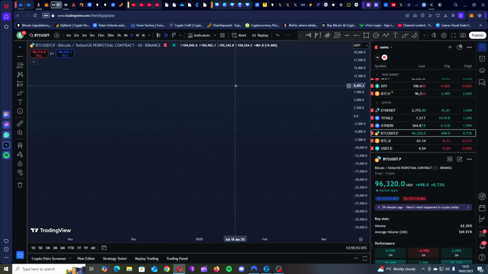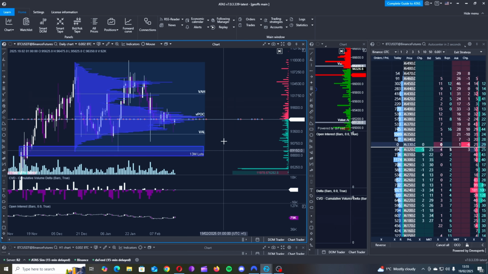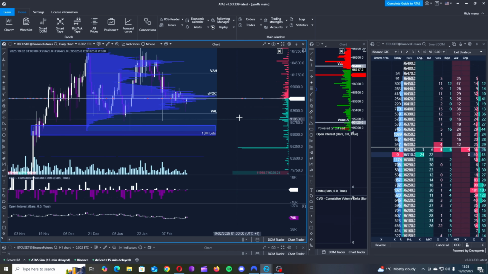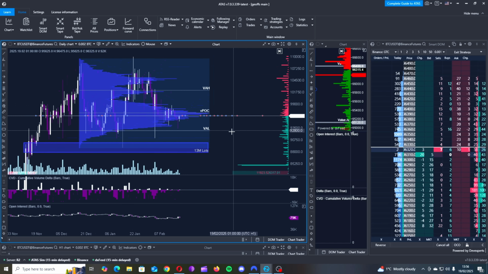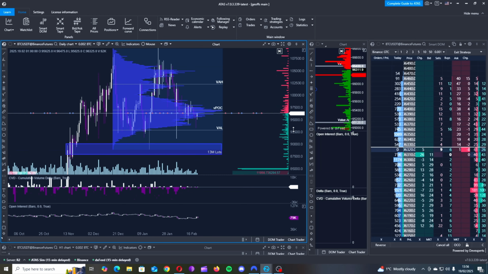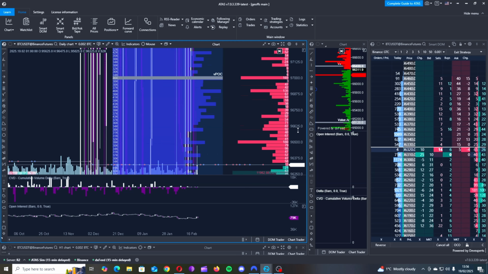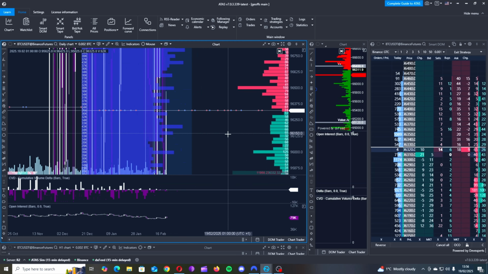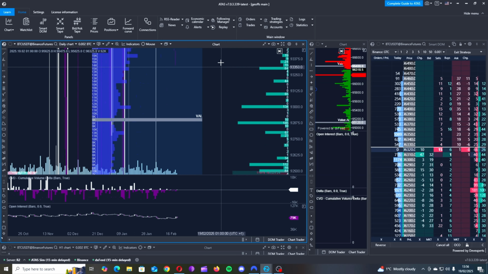So let me go back to this diversion. I keep getting pushed away. But like I say, a lot of absorption is occurring here. Let me have a look at the absorption, what's going on.